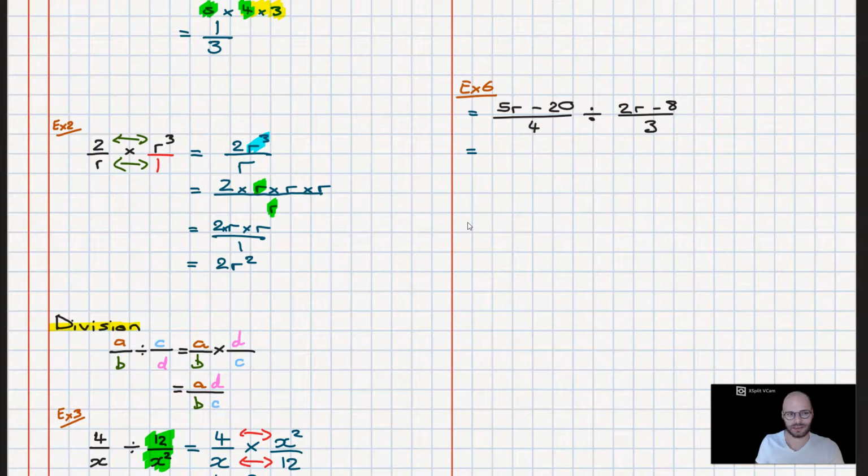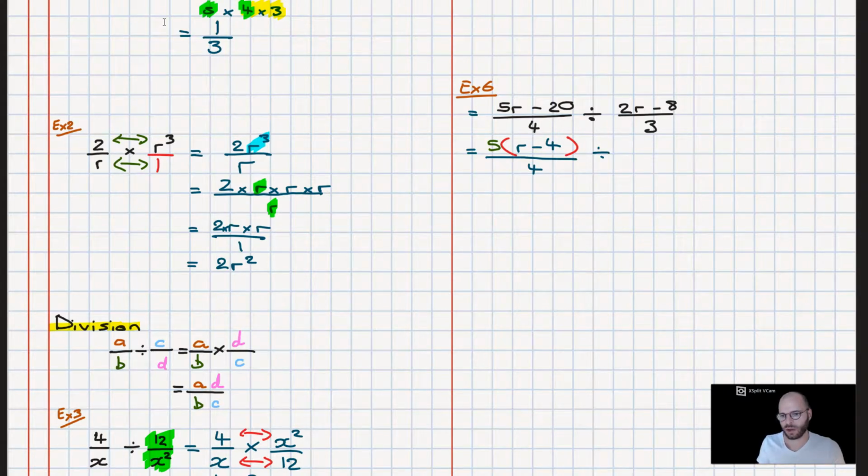So factorizing, we look at 5r minus 20. Is there anything common between 5r and 20? The answer, of course, is yes, there's a common 5. So if we pull out our 5 and open up our brackets, we're going to be left with r take 4, and all of that is over 4.